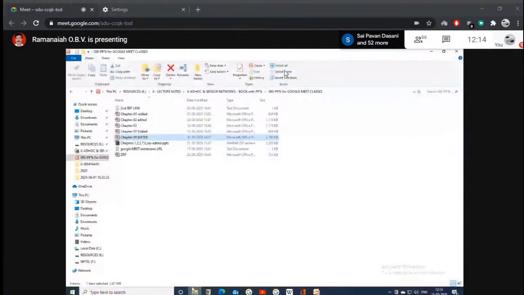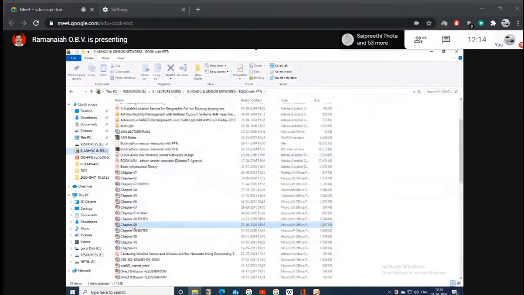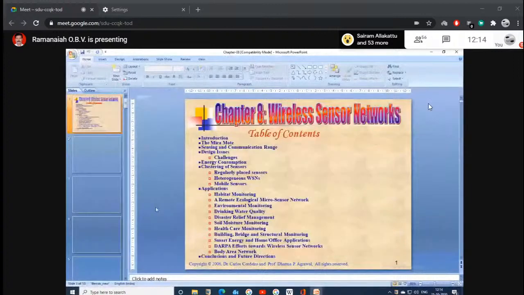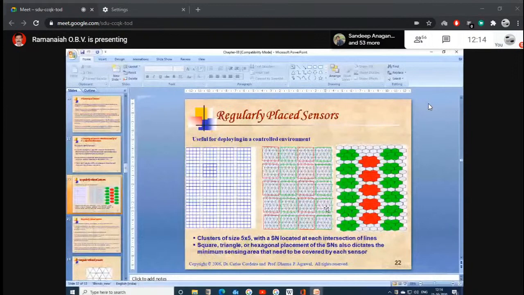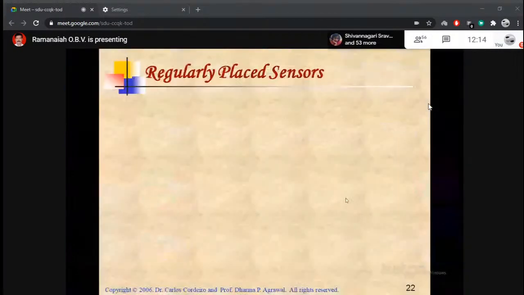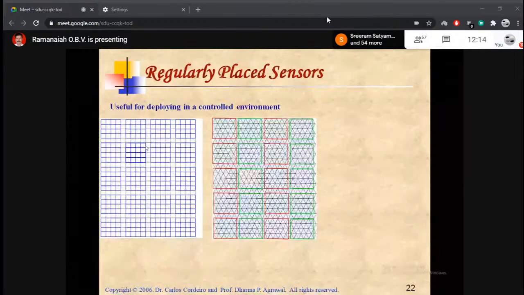Yeah, you can see here. So, for example, here you can see this is a grid structure, right?